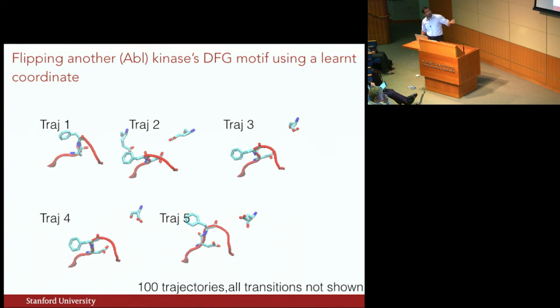And this collective variable, again, we have never simulated Abl before, but what I had was the BTK simulations, and what I had was this idea of what the residue set should be, and then the function that transfers that into one number that tracks between DFG-in and DFG-out is what's put into these simulations.